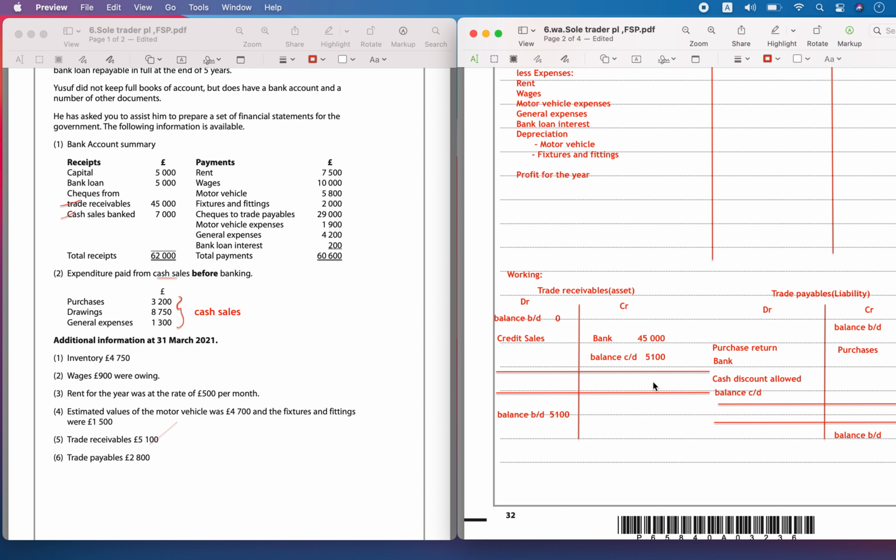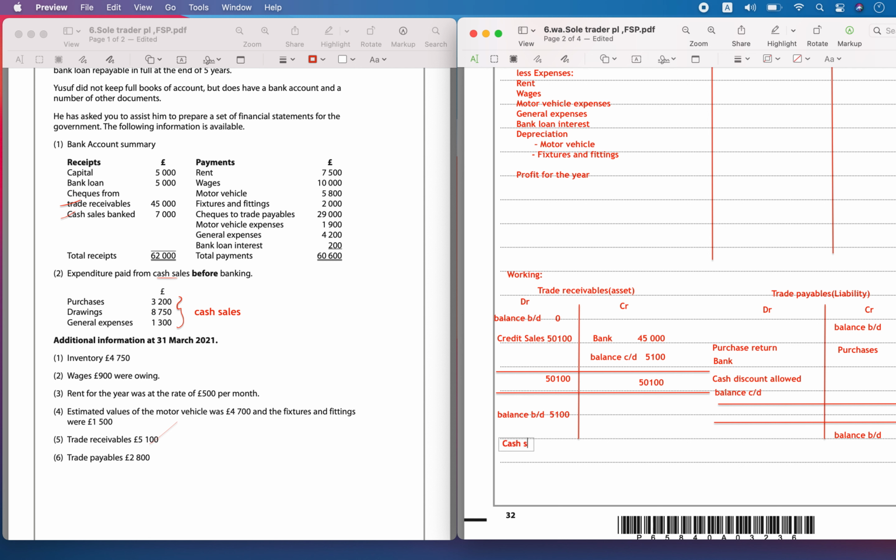Now let's calculate the credit sales, and then we add the cash sales to get the total revenue. So 45,000 plus 5,100 is 50,100. The total has to be the same, so this must be the credit sales.